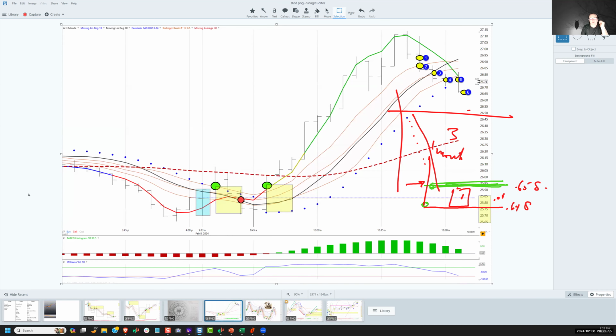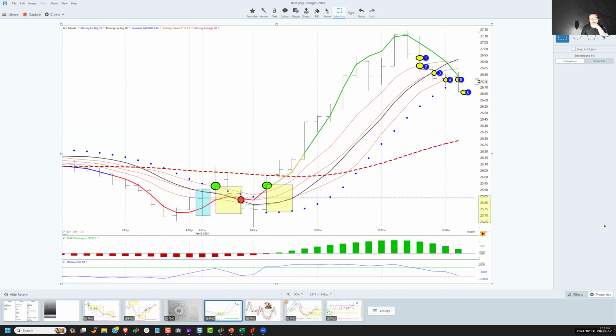Here's a flashcard I want you to think about. Let's say this was an intraday. There's your OR3, so that's an OR3 entry. That's the R10.